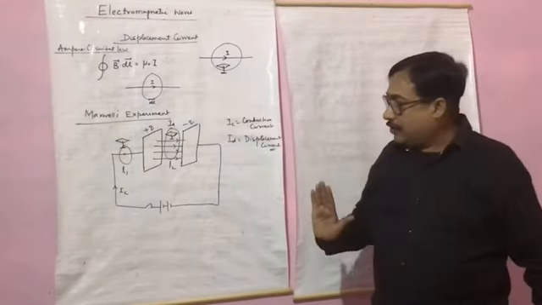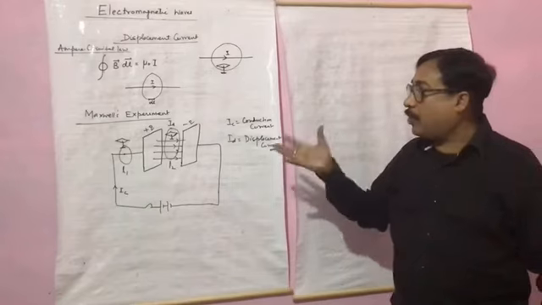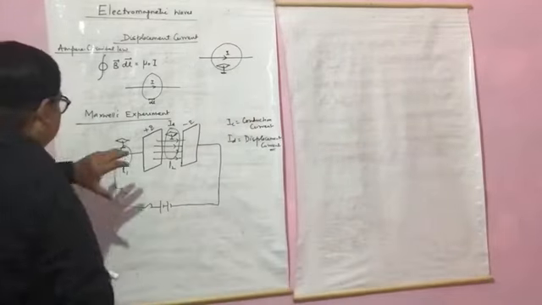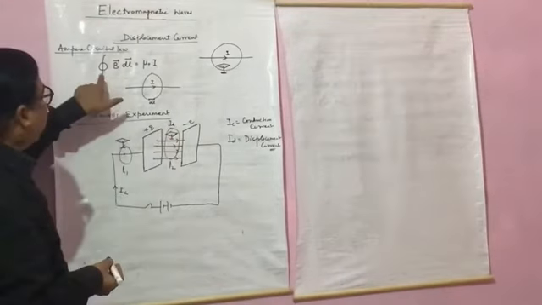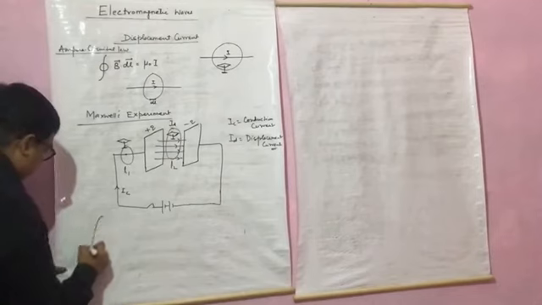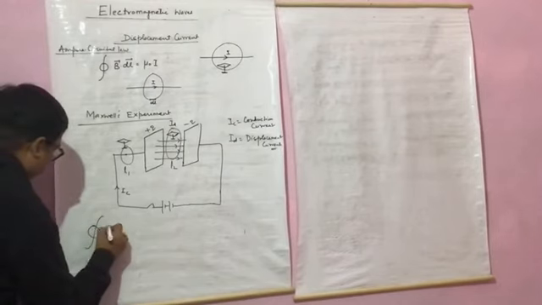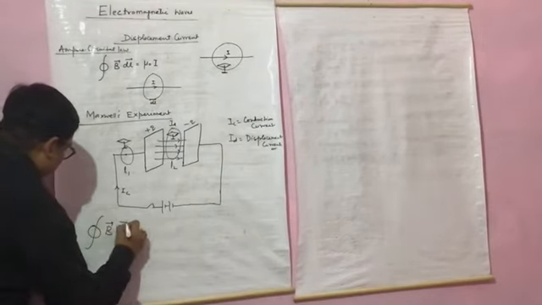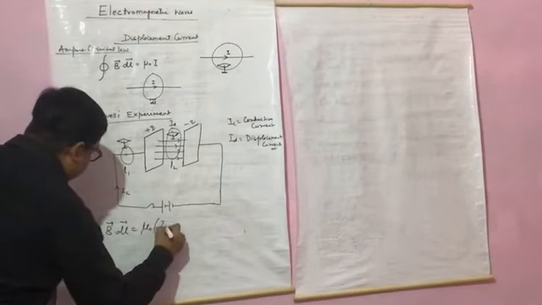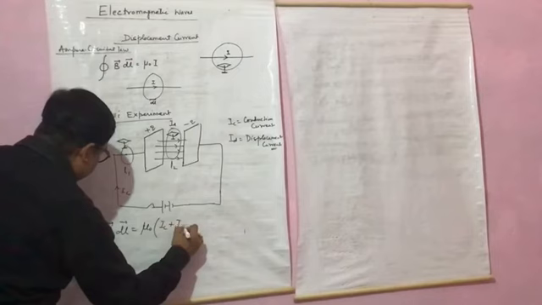The Ampere circuital law is now modified by Maxwell, and he has given the concept of displacement current and modified the Ampere circuital law like this. So the integral of B dot dl is mu naught times the current. And the current is the conduction current and the displacement current.